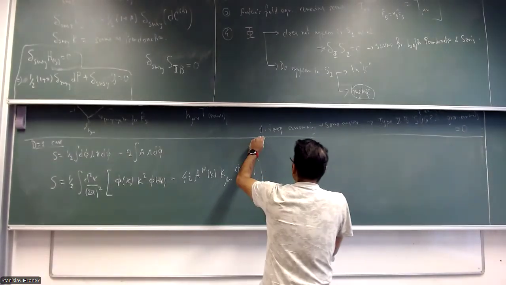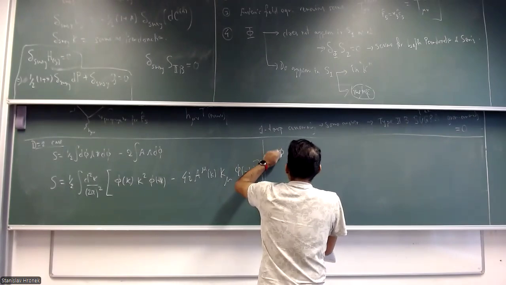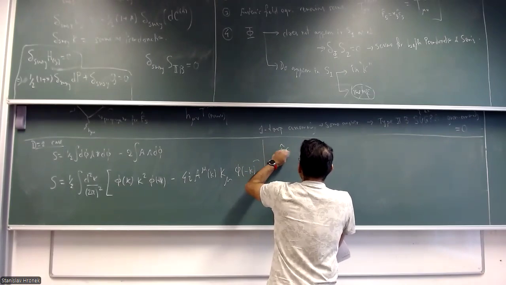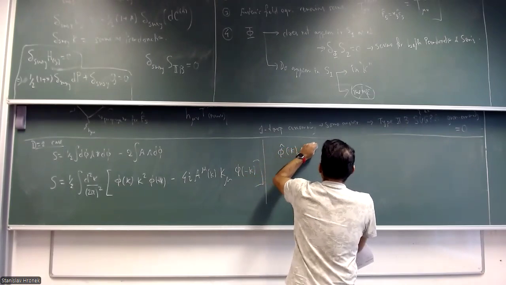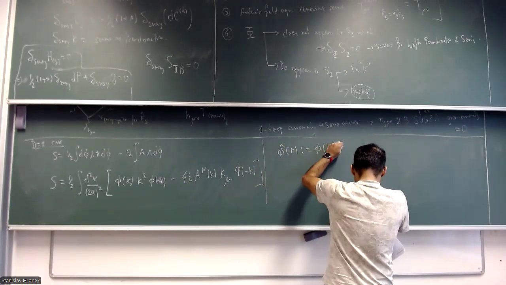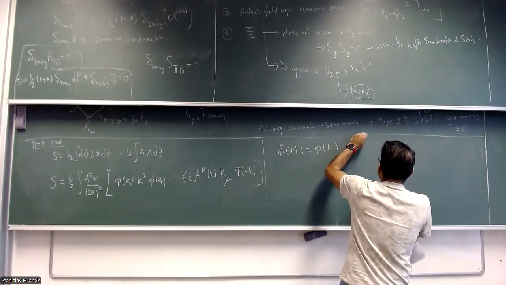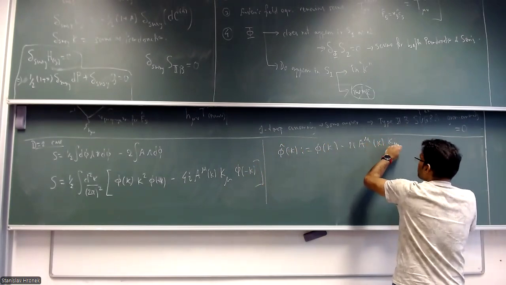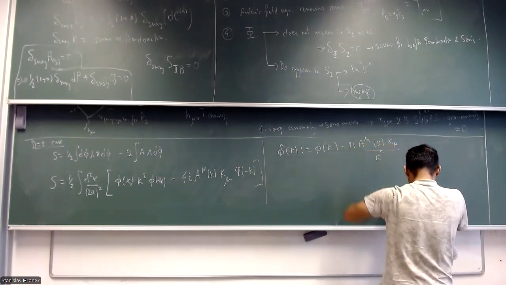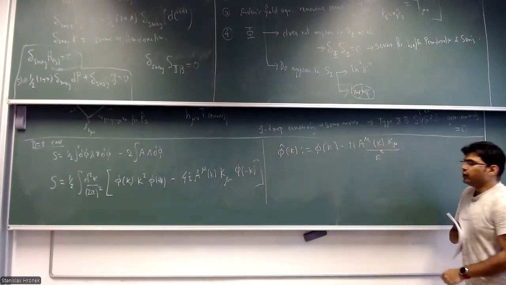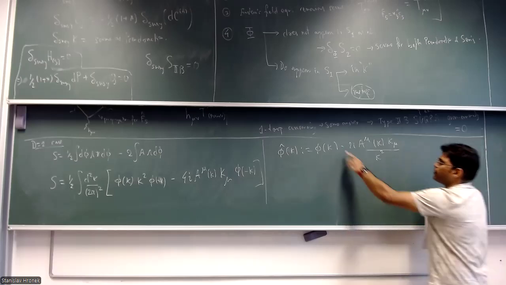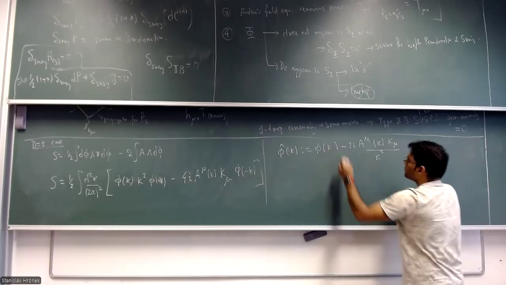Now comes my favorite step, where you define a new variable called phi hat, which is precisely this linear combination.